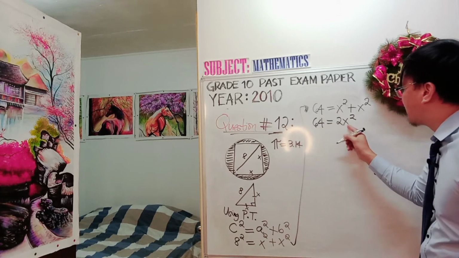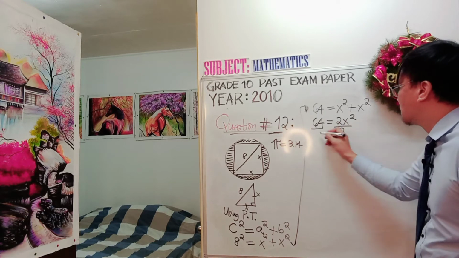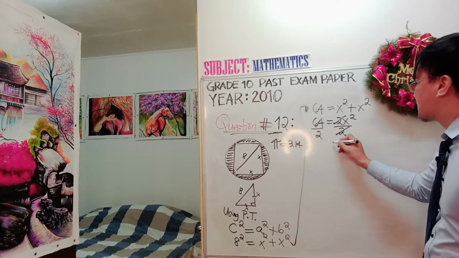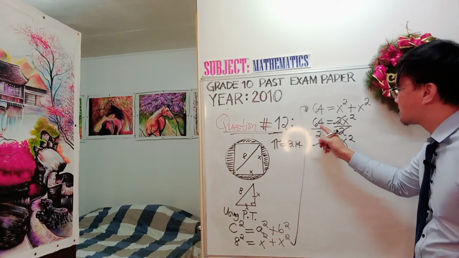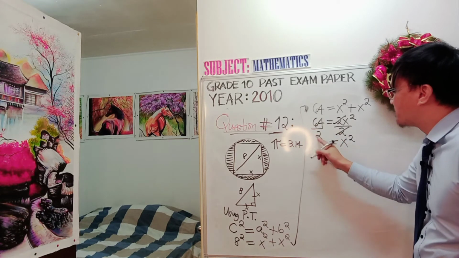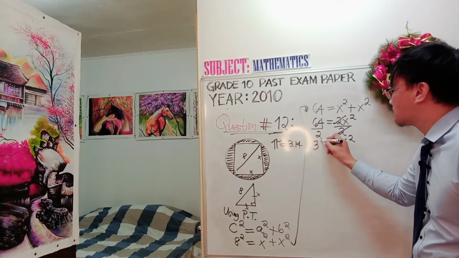So in order to find the value of x, divide both sides by 2. You cancel this one, you cancel that one. You are now left with x squared is 64 divided by 2, which is, 6 divided by 2 is 3, 4 divided by 2 is 2.